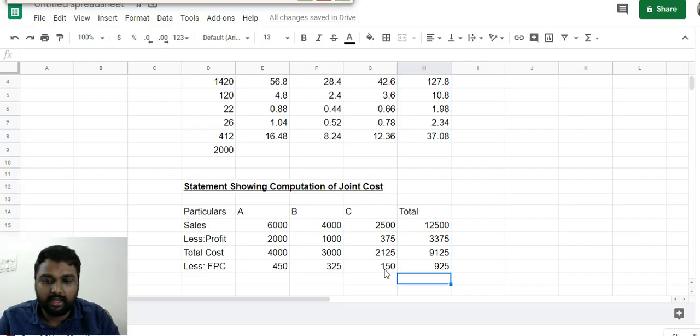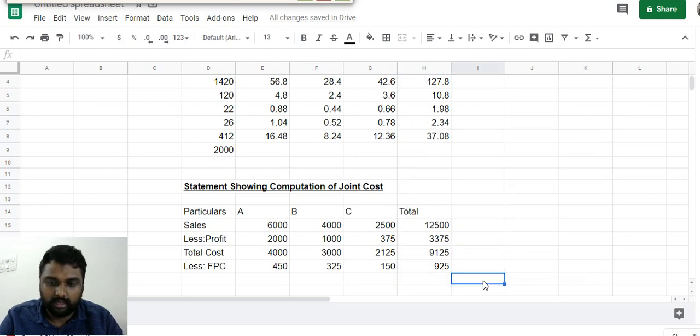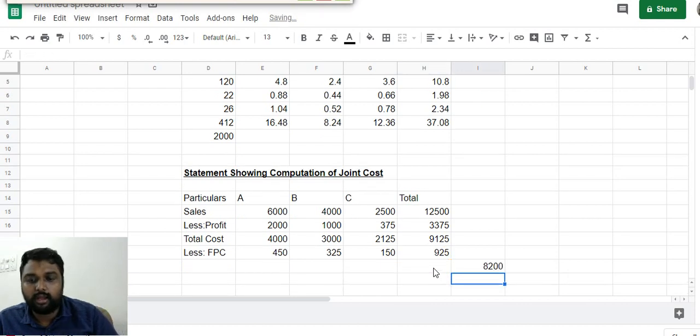See here, you can counter check. From your 9,125, if you minus 925, we should get 8,200, which is our joint cost.